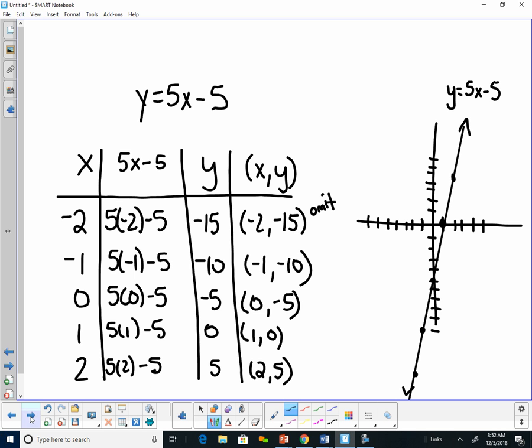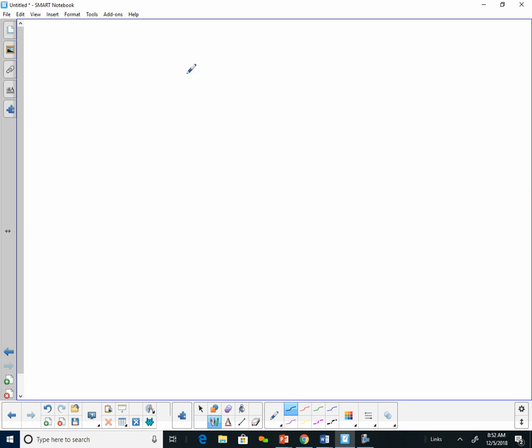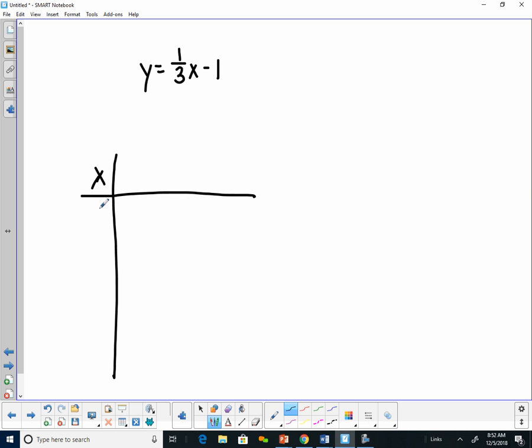Okay. Now, the special circumstance I had mentioned earlier is if I have a fraction here. The only time I might want you to change the values in our table, instead of -2, is because if I multiply 1/3 times -2, I'm going to get another fraction. So what I'm going to do is take multiples of this bottom number. That way, I'm going to end up with whole numbers.